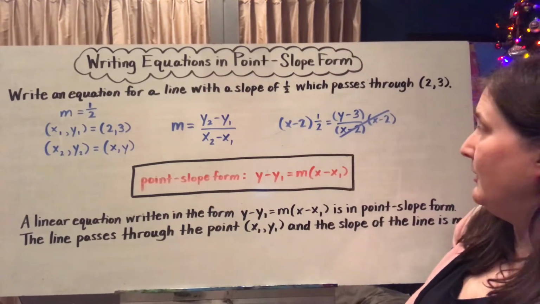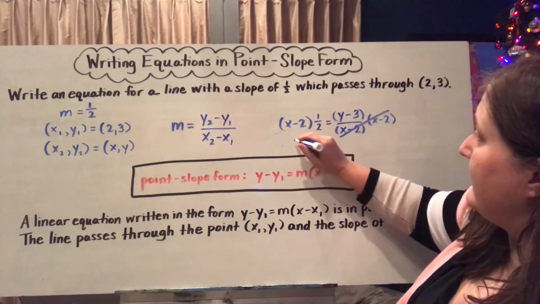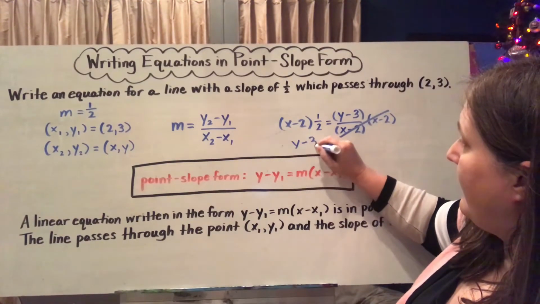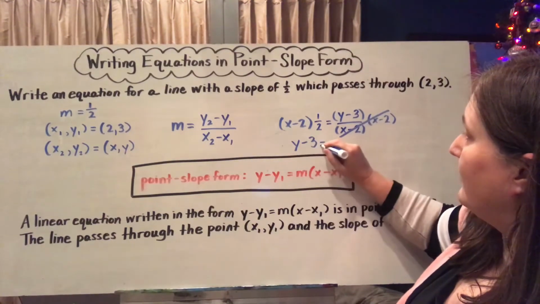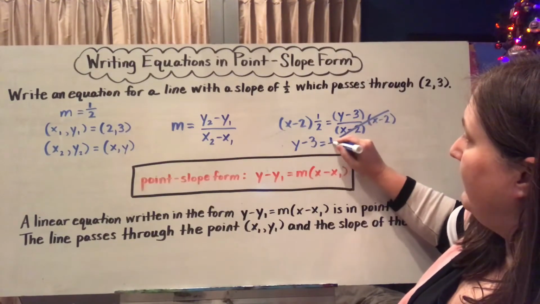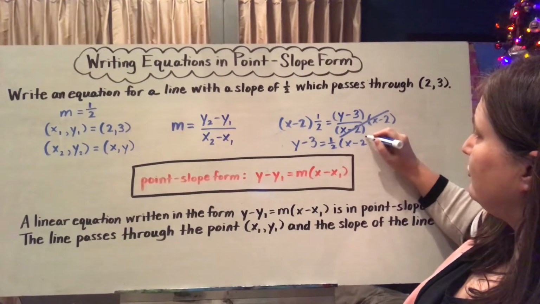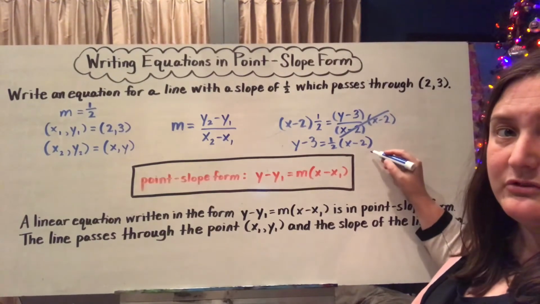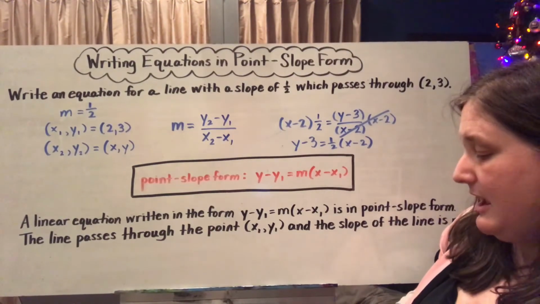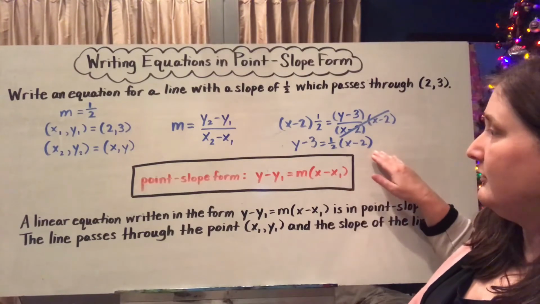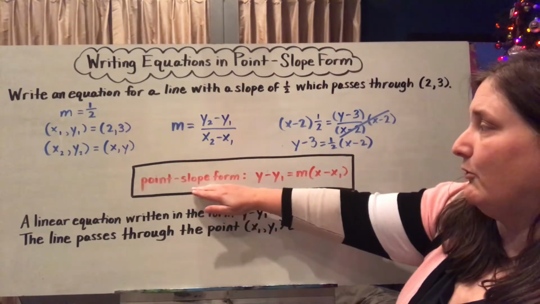So I end up with y minus 3 equals my slope times x minus 2. So I haven't changed anything in my equation here. I've just switched the order around a little bit, and this corresponds to what we call point-slope form.